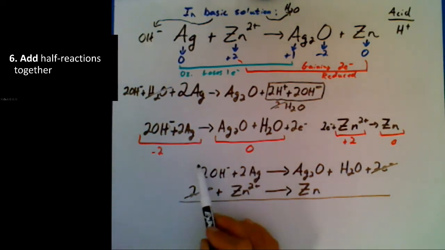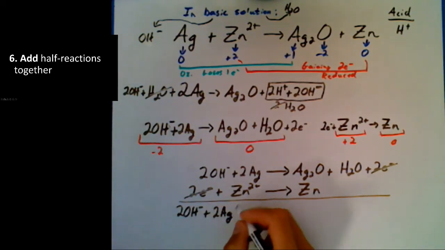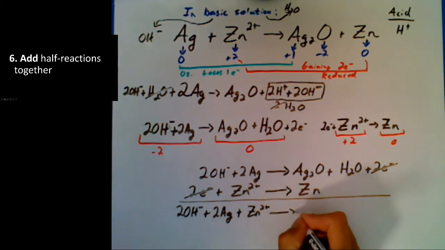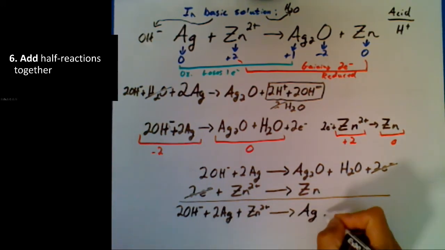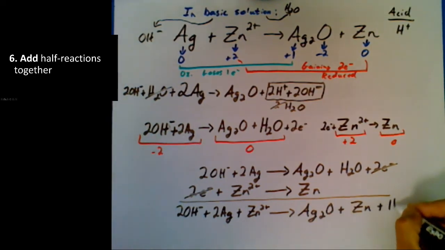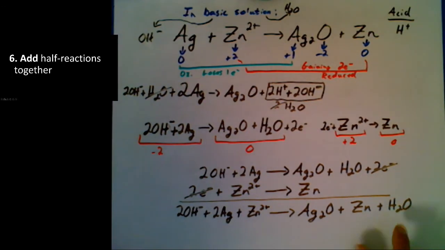And now everything on the left-hand side of the arrow is going to come down together. So 2 OH- plus 2 Ag plus Zn2+, turning into Ag2O plus zinc plus H2O. We now have 2 O's, 2 O's, 2 H's, 2 H's, 1 zinc, 2 Ag's, 2 Ag's.